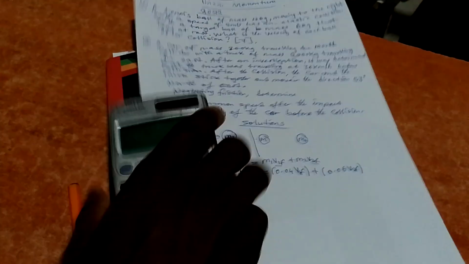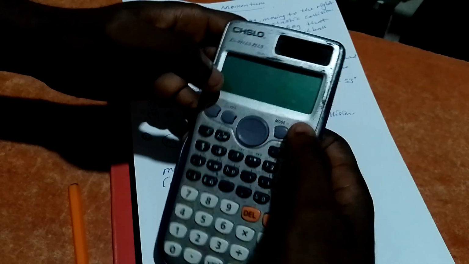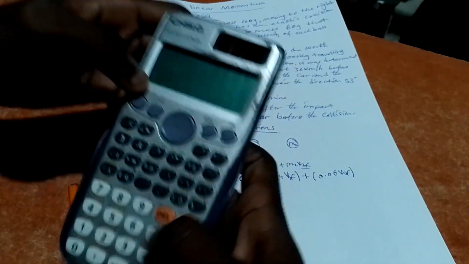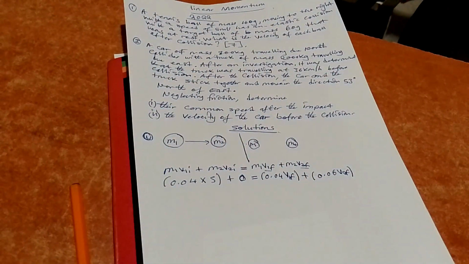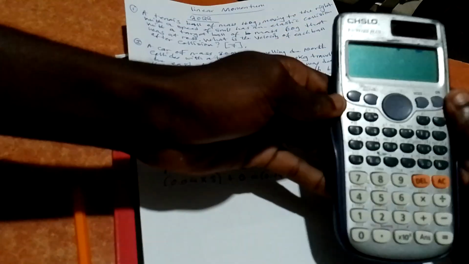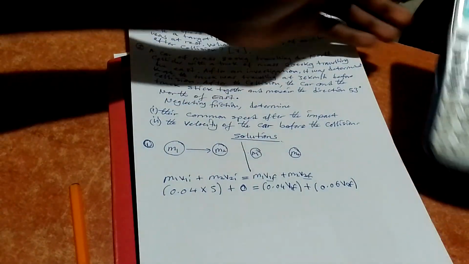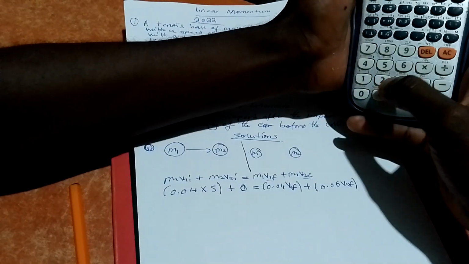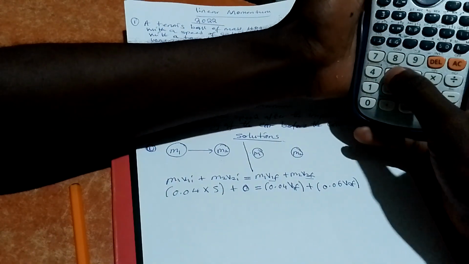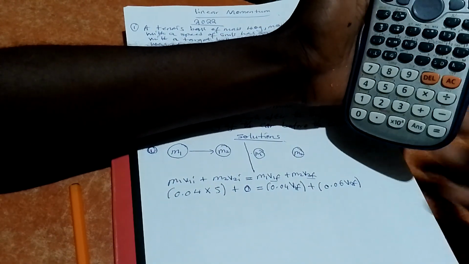Okay, right. So we can multiply 0.04 times 5, which gives us 0.2.